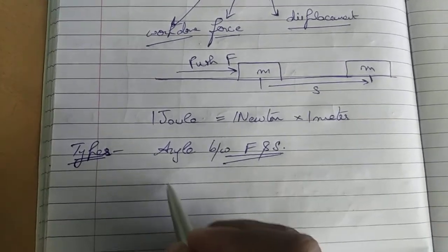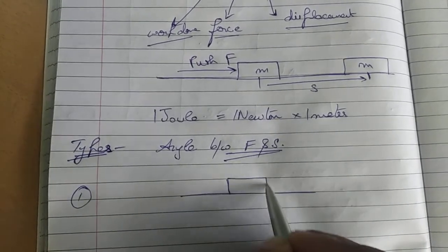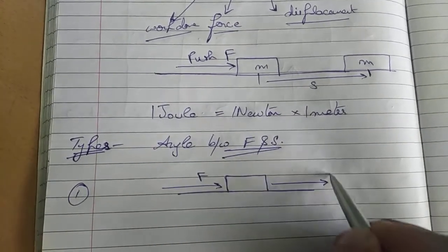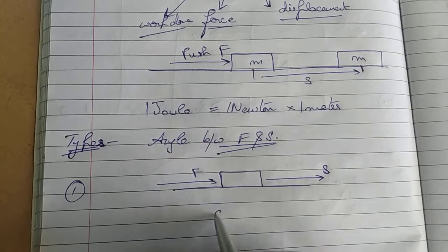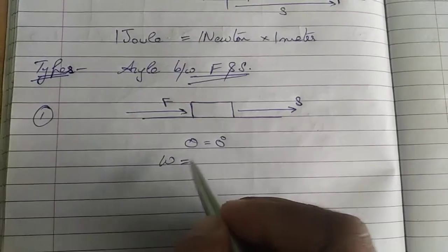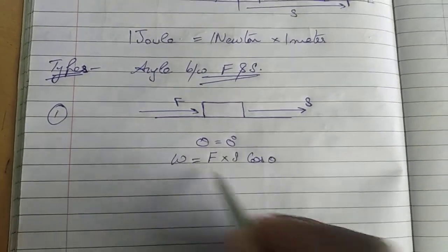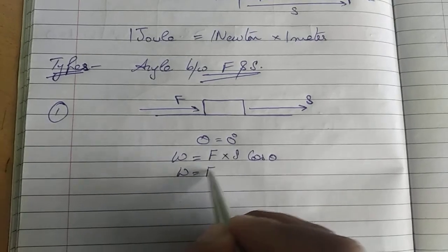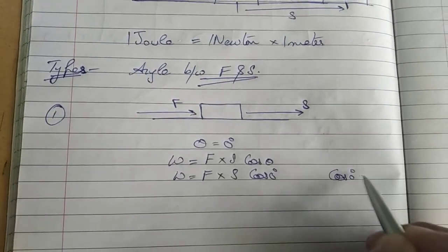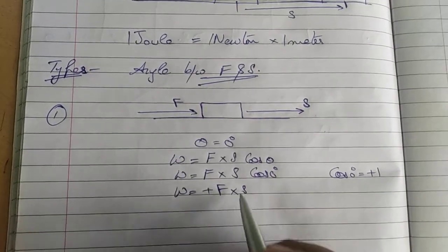When the force and displacement are in the same direction, meaning when we apply force, the body displaces in that direction also, theta is 0 degrees. We write the formula W = F S cos theta. Here theta is 0 degrees, so W = F S cos 0 degrees. Cos 0 degrees is equal to plus 1, so W = plus F × S.